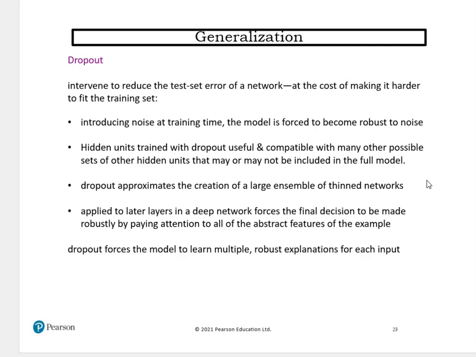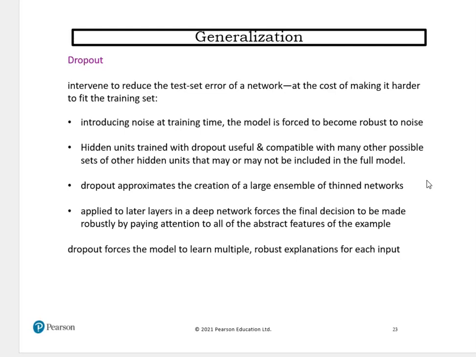Now, there are different ways to explain why this works. One way is to say that by introducing this random noise during training, the network is forced to become robust to noise. The network every time has to adapt to a new set of neurons, which forces it to become robust at losing one or more neurons. So that's one possible explanation why dropout works so well.